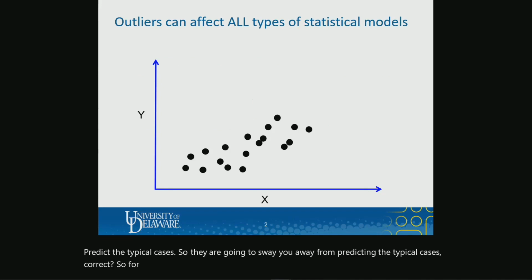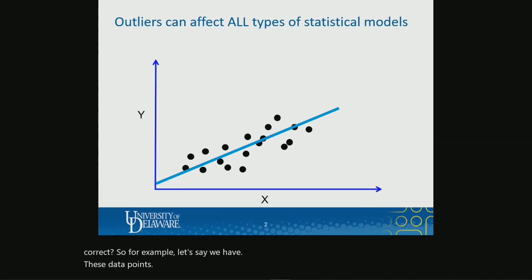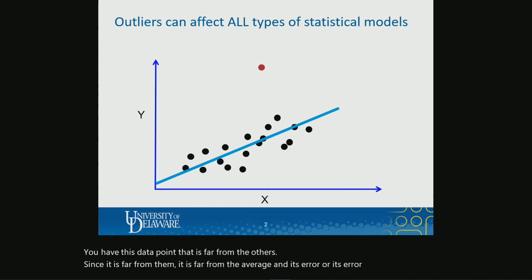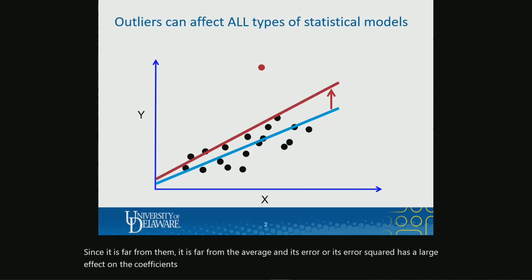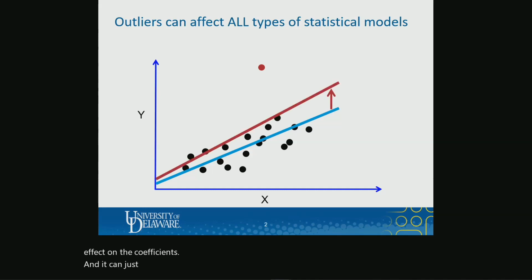So for example, let's say we have these data points. The regression line would be something like this. But if we have this outlier here, a data point that is far from the others, since it is far from the average, its error, or its error squared, has a large effect on the coefficients, and it can change your estimated coefficients, which is not fair.